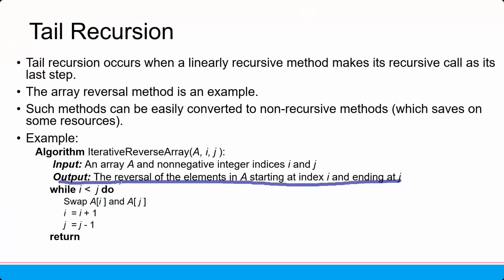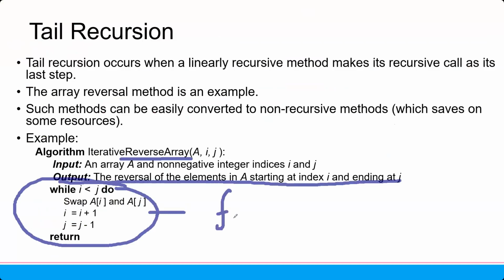The only difference is the way to swap. In this case we use a for loop, but using recursion, we call the method again. So when you want to solve one problem, you can solve it with a for loop or with recursion. And if the recursive call happens last, we call it tail recursion.